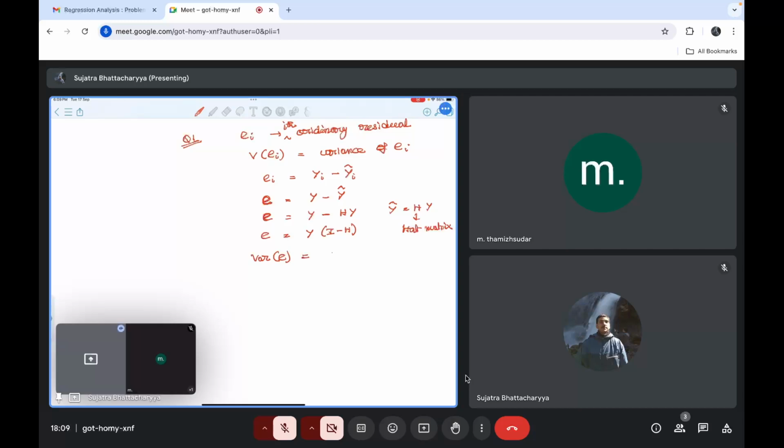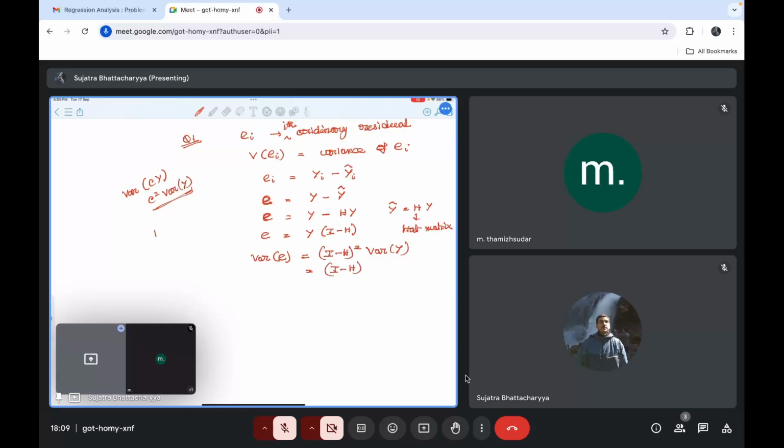You know that whenever the variance of C times Y has to be found, where C is some constant, you get C square times the variance of Y. This is known to us. So I minus H is actually a constant quantity. You can write (I minus H) whole square times variance of Y. Now (I minus H) whole square can also be written as I minus H. Why?